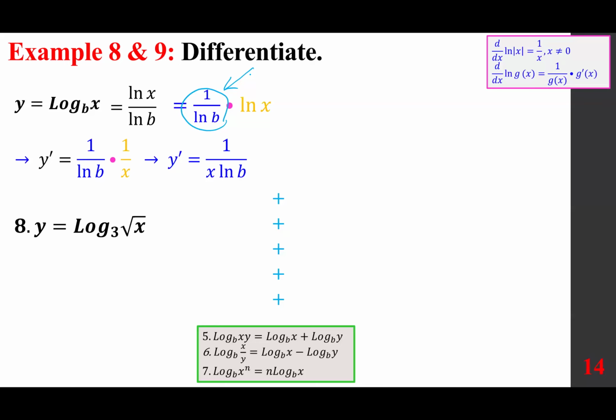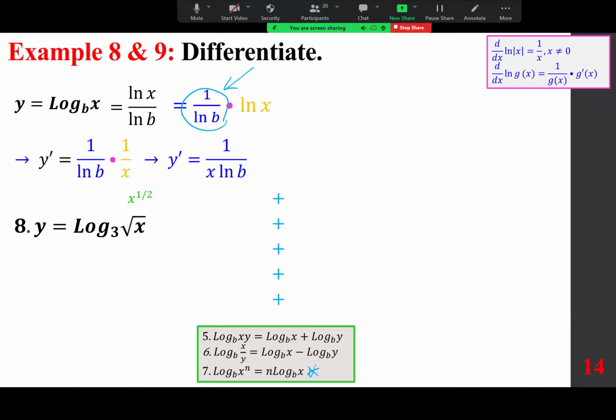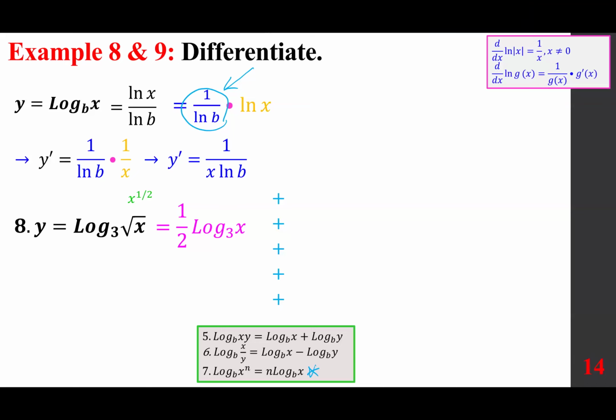So first and foremost, I'm going to change square root of x to x to the power of 1/2, so I can use number 7, the power rule, and bring the 1/2 in front. That's the first thing I'm going to do. So I'm going to differentiate now.